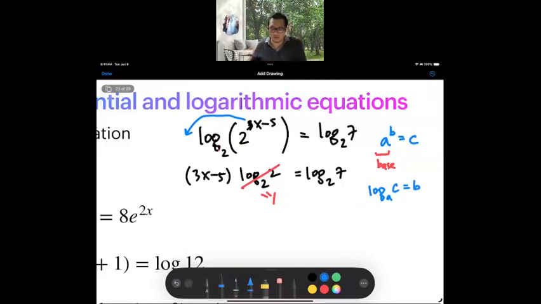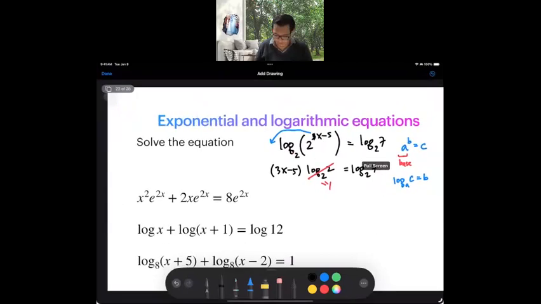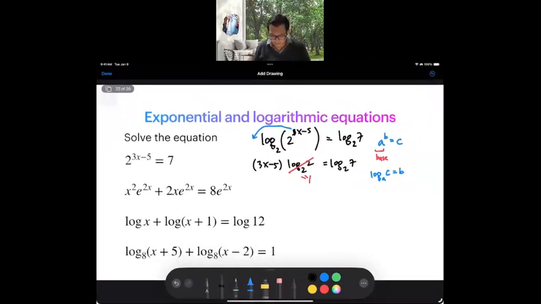Log equals the power, right? So basically, based on the question, it is actually log base 2 of 3x minus 5.